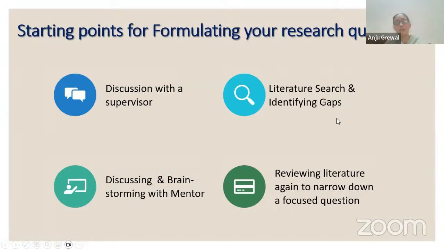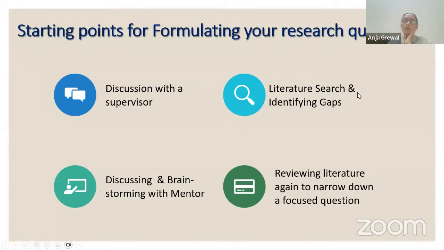Literature search by itself is a big topic. But of course, we need to learn, and it's a good idea to attend a few protocol or research methodology workshops. I'm happy to see that NMC does have a research methodology module now encompassed during the training of the MD student.